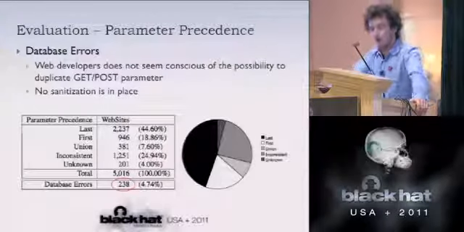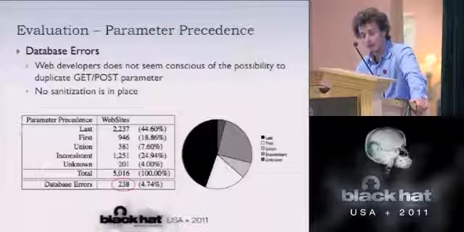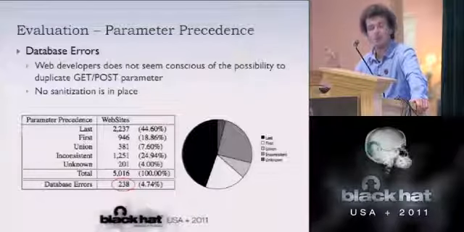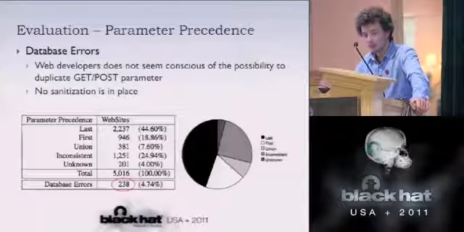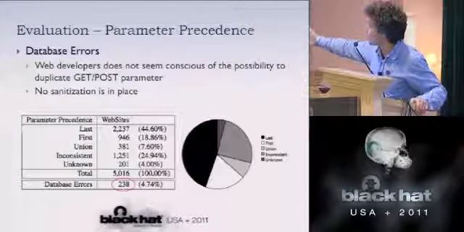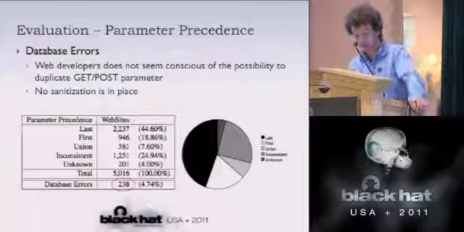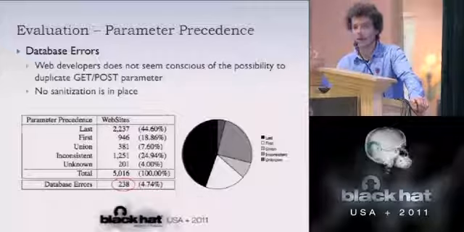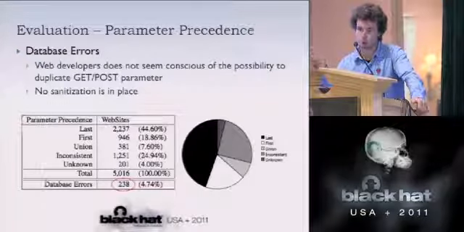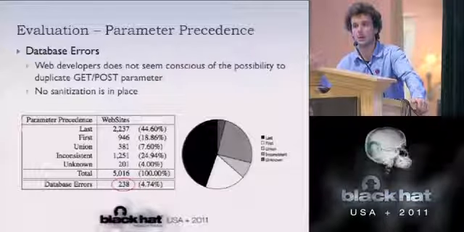The first thing we checked is whether the web application gave a database error when the same parameter is repeated twice. And it came out that about 5% of the applications actually came out with an error. This is really a lot. It means that whoever designed the application was not aware that a user can submit the same parameter twice.